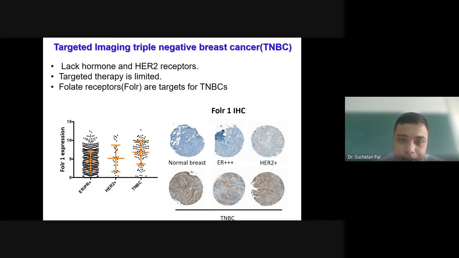So recently, literature says that folate receptor is overexpressed in this kind of cancer. So we can see that folate receptors are nicely overexpressed in triple negative breast cancer compared to other breast cancers like HER2 positive breast cancer or ER positive breast cancer or normal breast, right? So you can selectively target this triple negative breast cancer using folate receptor targeting.